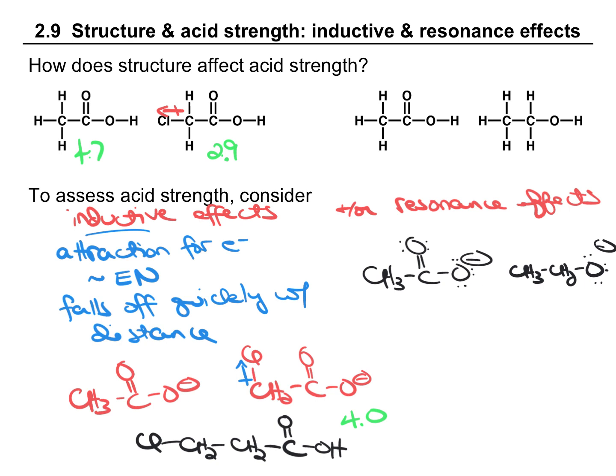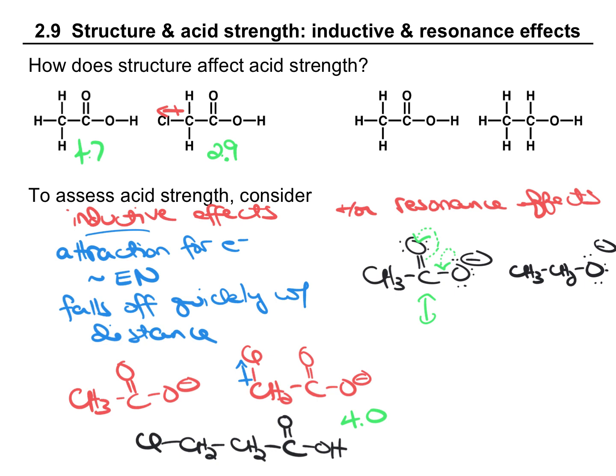Okay, that's all right. But notice, next to this group where we have all these extra lone pairs, we also have a double bond. So this is where I want you to think about resonance. We could imagine these electrons move in here to form a double bond between this carbon and this oxygen. And at the same time, these electrons would have to move up here to give an extra lone pair on this oxygen.